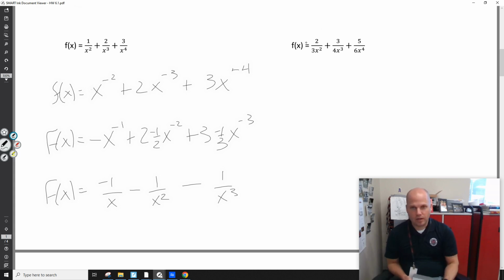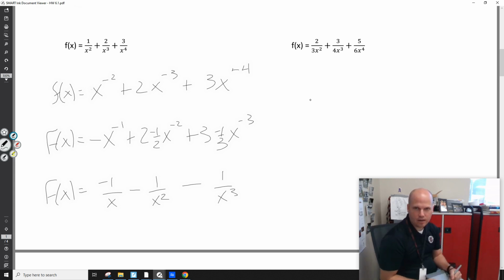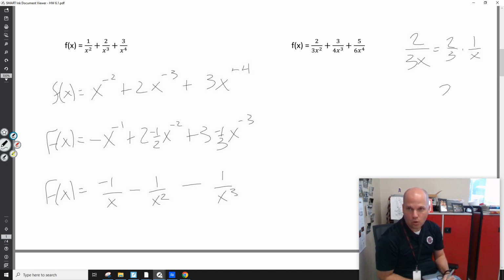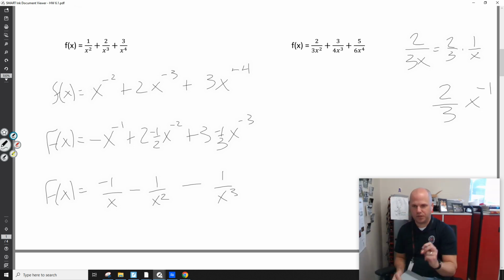Now for the next ones, what if it's 3x squared? This is so important. So many students make an error on this. If I have 2 over 3x, the 3 is not taken to the first power. You could rewrite this as 2/3 times 1 over x, or more importantly, rewrite it as 2/3 times x to the -1st.